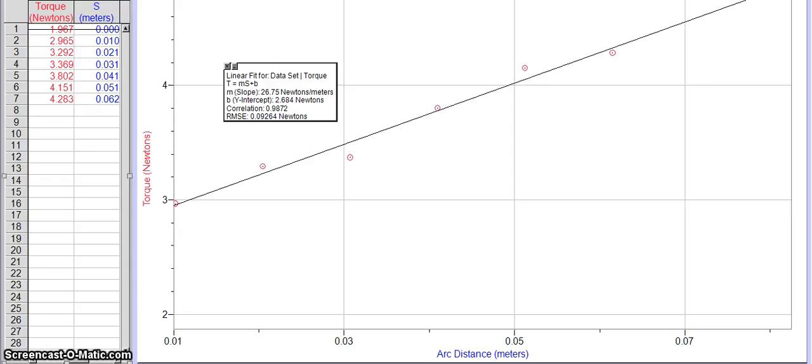We did 3 over 4 times pi, which was your estimate, and multiplied that by the measure of the radial arm, also the estimate from your example. That gave us 0.23. Then we plugged 0.23 into the equation for torque: 26.75 times 0.23 plus 2.684.